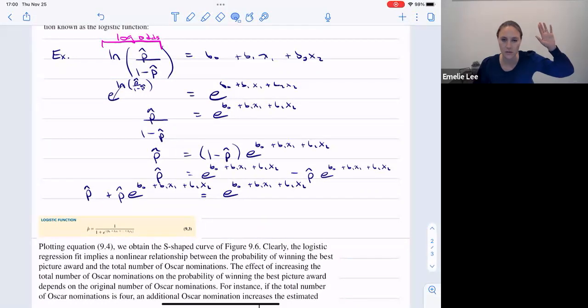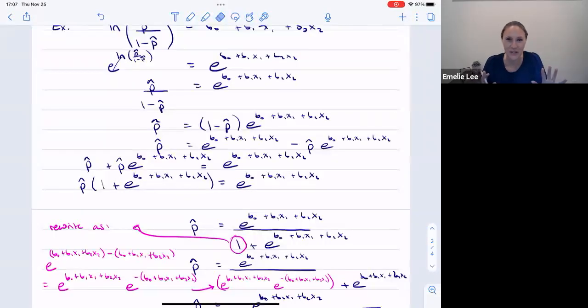Pause. Okay, figured out where I tripped up. The reason I was getting a little bit weirded out is because this is all fine and we want to bring the p hat over here, and then we want to isolate the p hat because that's what we're trying to solve for.